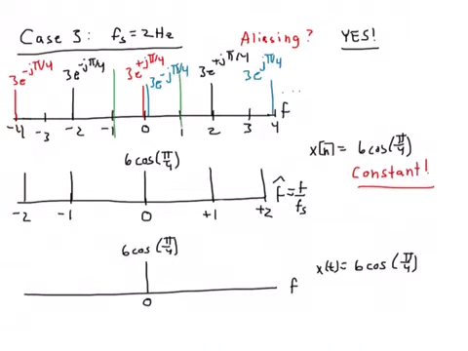We're just pulling out everything in there. That's fs over 2, that's minus fs over 2. And the result is this signal down here, which is, again, just a constant. So we clearly had aliasing. We've sampled a sinusoidal signal at a frequency of 2 hertz, and we have gotten a constant signal back out.